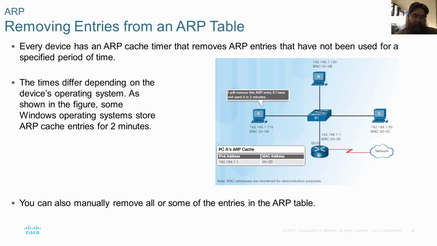ARP caches last for approximately 2 minutes. This can be changed. You can manually add or remove entries in ARP tables.